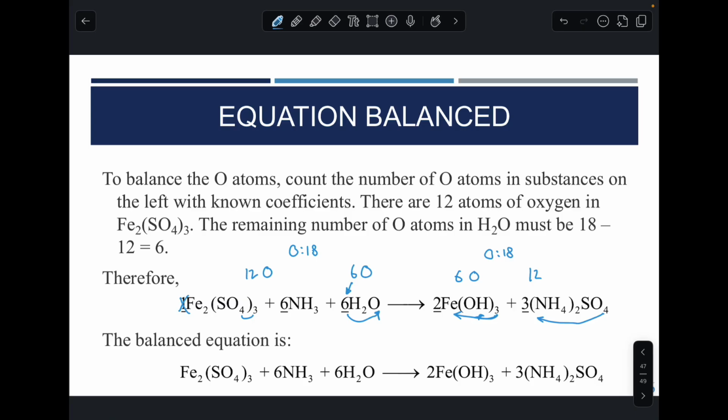And then we should also check, just to make sure that we're 100% correct, how many hydrogens we have. So we have 6 times 3, which is 18 hydrogens. We have 6 times 2, which is 12 hydrogens right there. There's no hydrogens over here, so that's fine. We don't need to care about that.